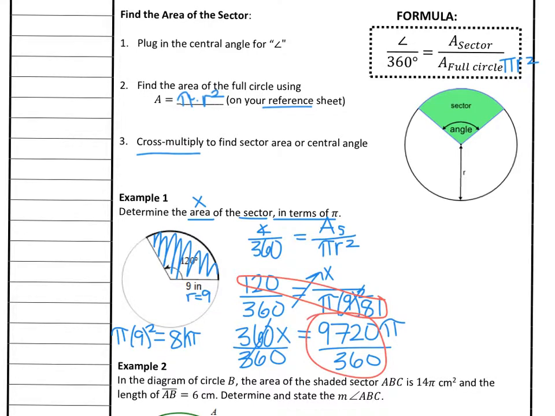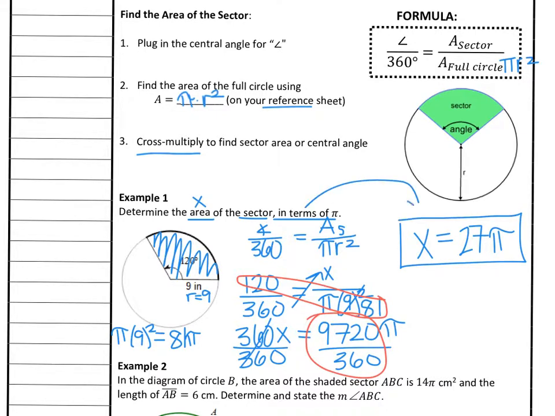So we know that our answer will be x equals something pi, and when we divide those two numbers, we end up with 27. Okay, so again, leaving your answer in terms of pi is just fine like that, 27 pi. If it said to calculate or to find round to the nearest something, you would multiply those together to get your answer.